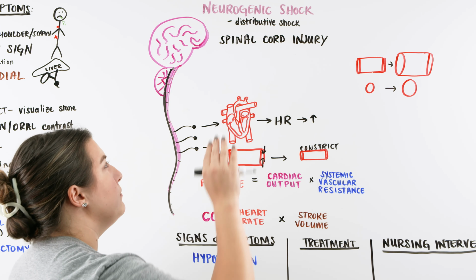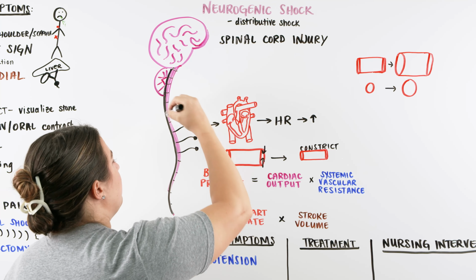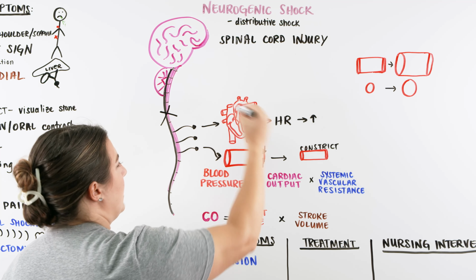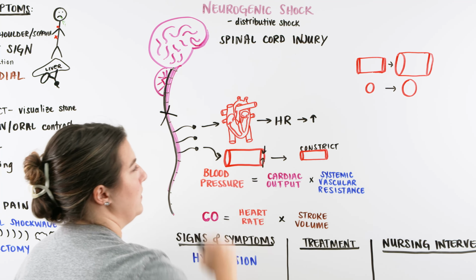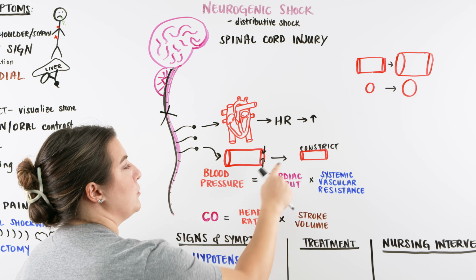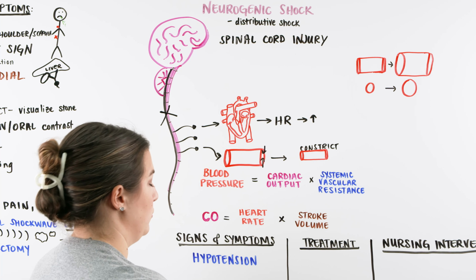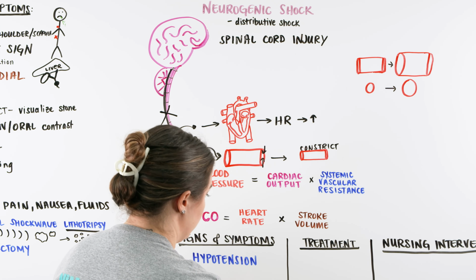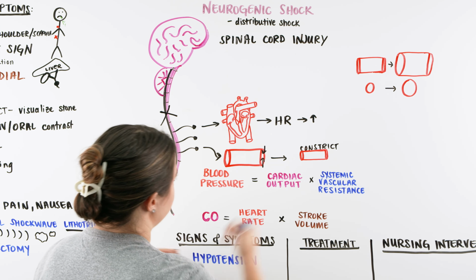And when we have an acute spinal cord injury, we have an injury to the spinal cord where now these things aren't going to work the way they should. So our heart rate maybe isn't going to be what it should be, and our constriction in our vessels isn't going to be what it could be. And that is what we call our autonomic blockade.